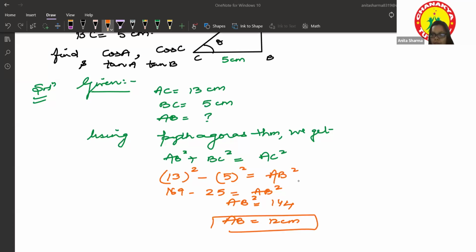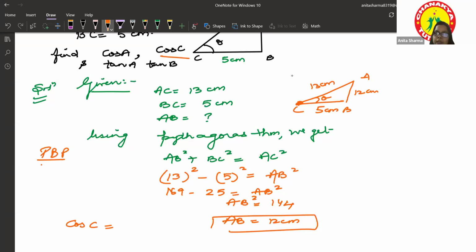So now we have this triangle. This is 5 centimeter, this is 13 centimeter, and here it is 12 centimeter. This is our theta. Now I have asked you to find cos C. So cos C we can easily find, right, beta? Because the angle theta is made at C only, right? So cos C will be, who will tell?